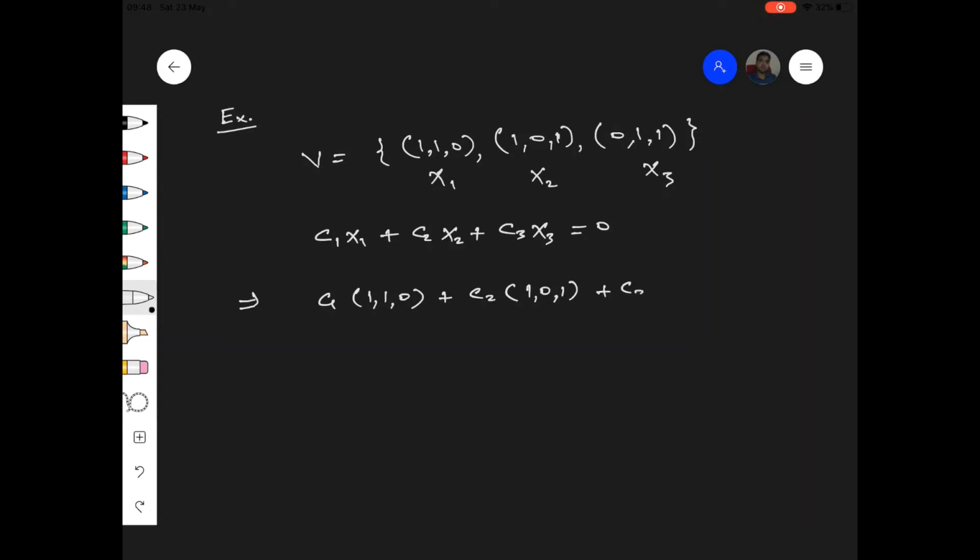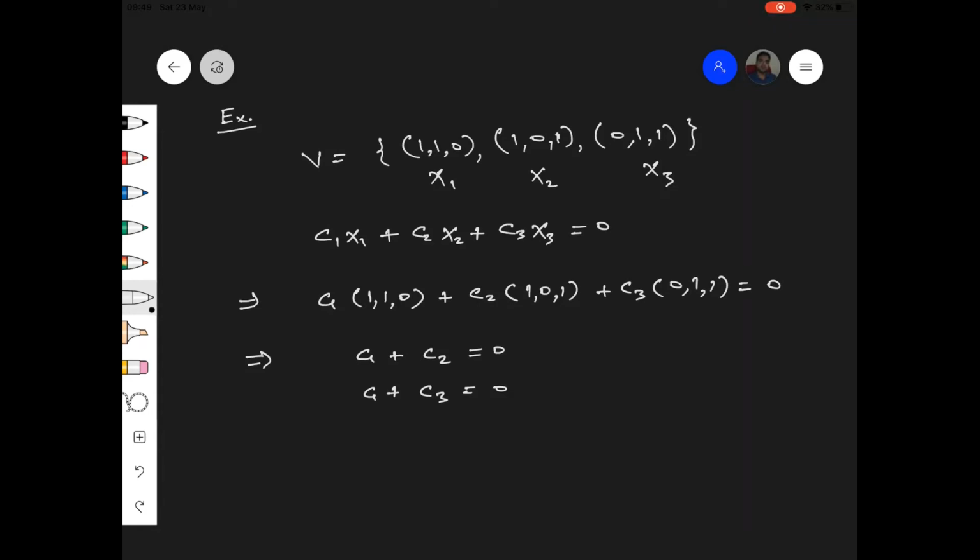After rearranging the left hand side, we are going to have a system of linear equations in C1, C2 and C3. The first equation will be C1 plus C2 equals 0. The second equation will be C1 plus C3 equals 0, and the third equation will be C2 plus C3 equals 0.